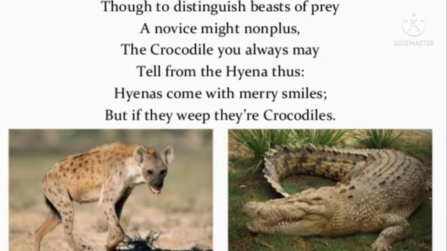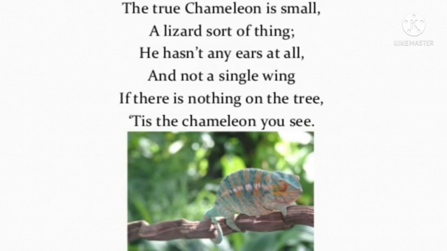And at last, the last one in the list, is the chameleon. She says that it is a lizard-like creature and it doesn't have ears and wings, just like a lizard. It is just a comic factor there. And only this can help you differentiate between a lizard and a chameleon.